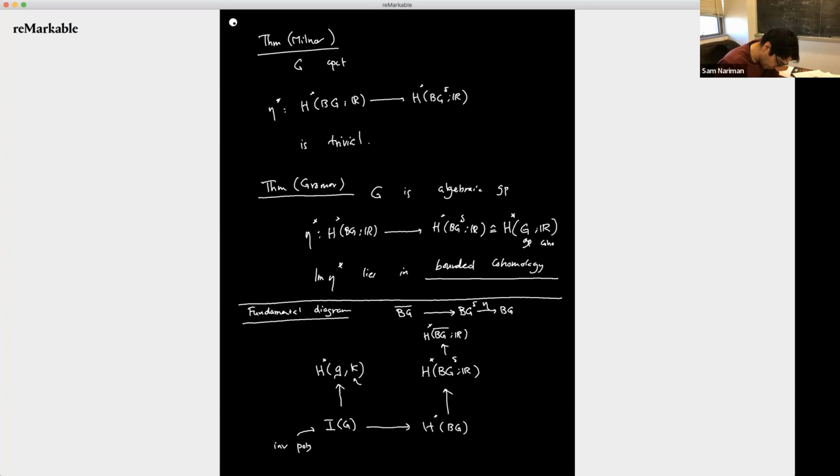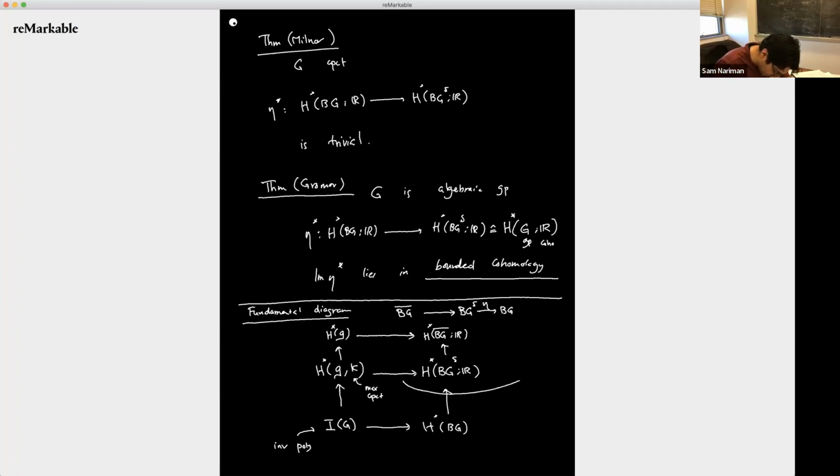So this is the maximal compact. And there's a map from here to here. And then there is the absolute Lie algebra cohomology, and there's a map like that. And it goes to the cohomology of BG bar. As I said, in nice cases, the bottom map is an isomorphism, like when G is compact or a semi-simple complex Lie group. The middle map is again in nice cases injective.